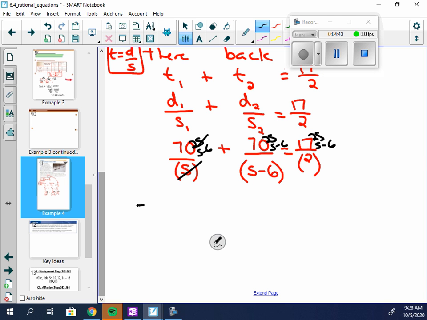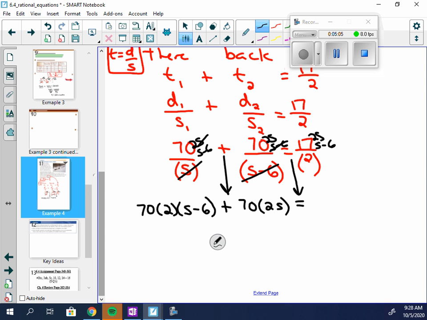What I'm left with is 70 times 2 times S minus 6. On the second one, the S minus 6 cancels, so I'm left with 70 times 2 times S. The equal sign stays in the same spot, as does my addition symbol.